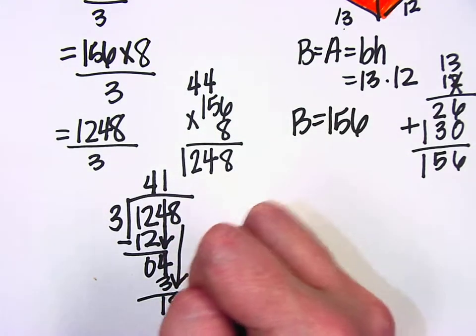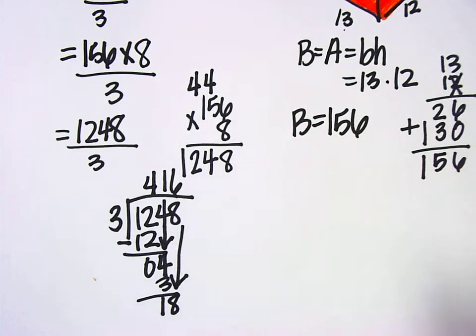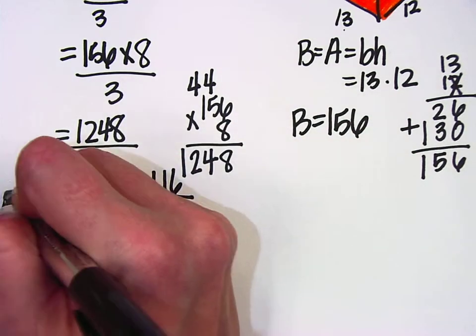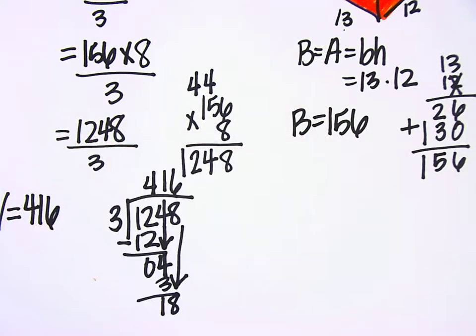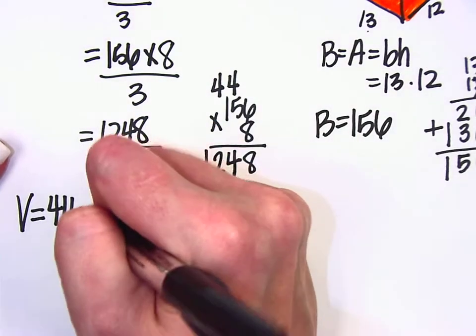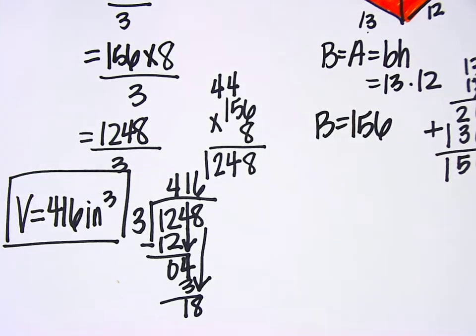Bring down the 8. 3 goes into 18 evenly 6 times. So that means that my volume is 416 cubic inches.